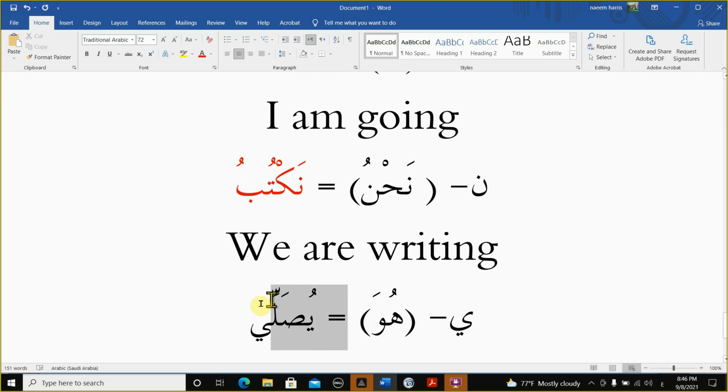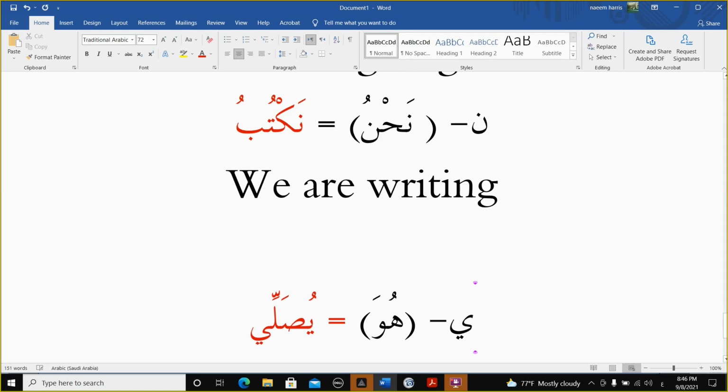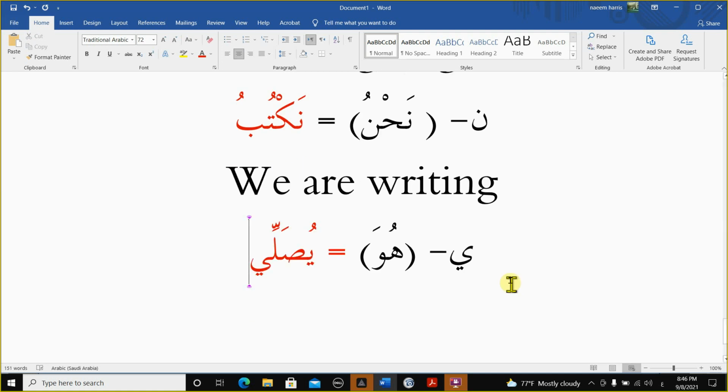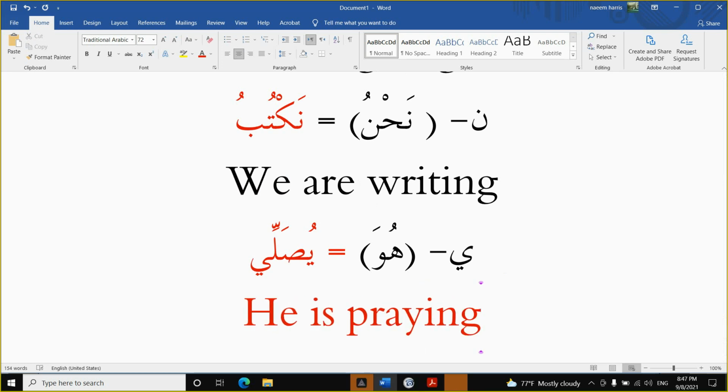Yusalli, salla means to pray. The ya, he is praying. Because of the ya, in the singular, we're talking about the singular.